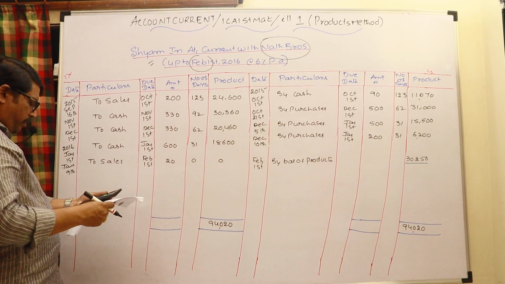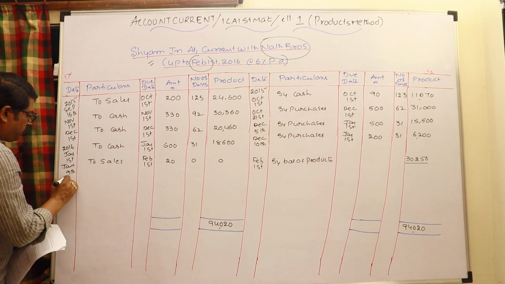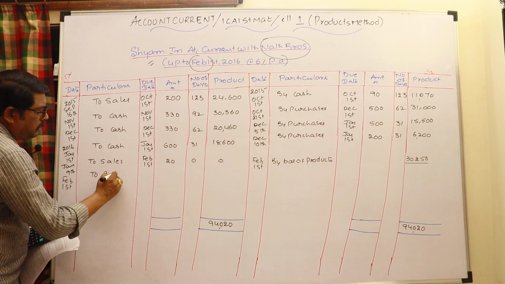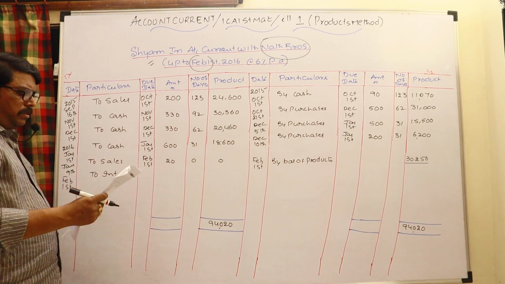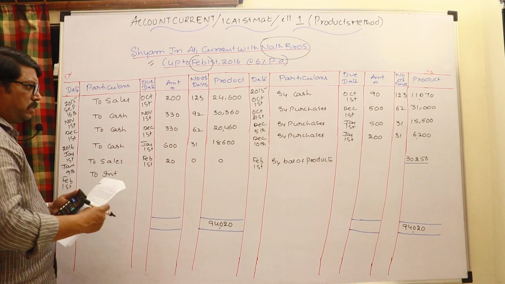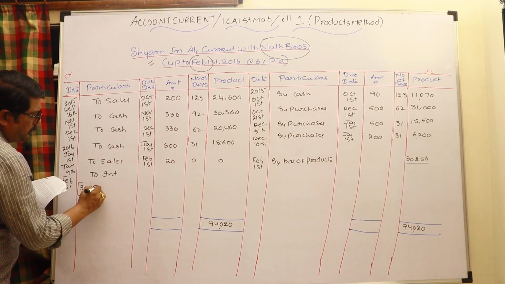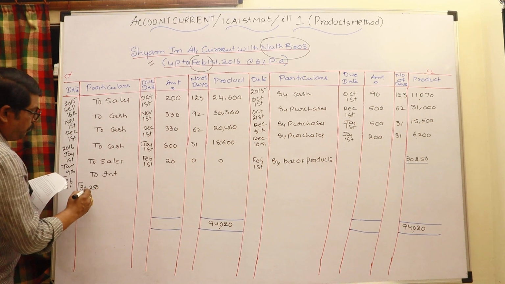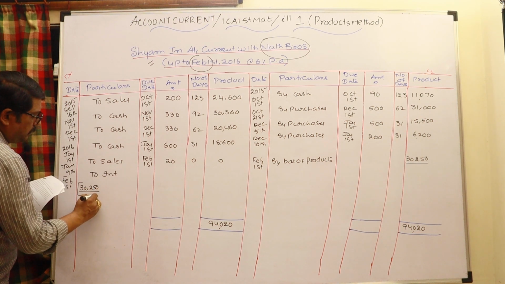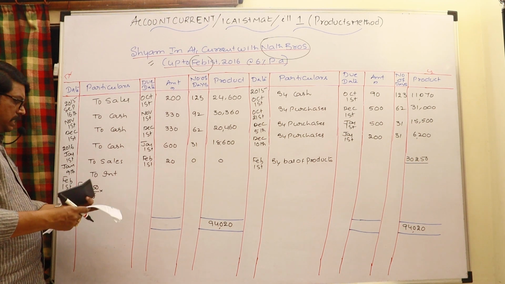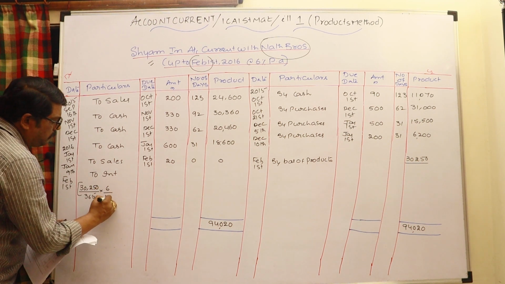You can write that on February 1st, to interest. Simple entry: Shyam account debit to interest, 30,250 by 365 into rate by 100. The rate given here is 6%, 6 by 100.